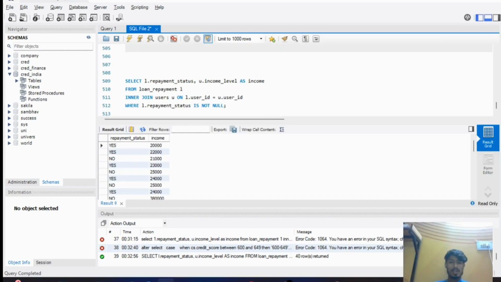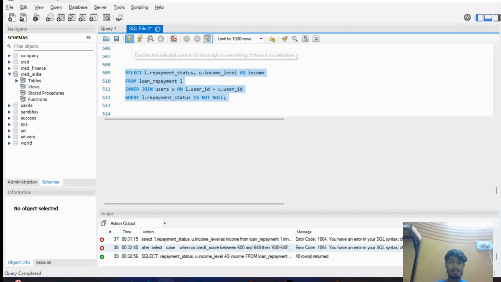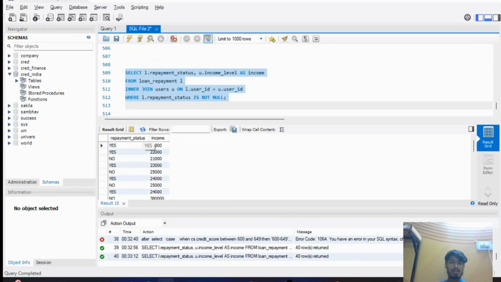So this is the query, and let's try to run this query. Okay, so now the people whose payment status is yes are 20,000, 22,000, and so on, and for no it is 37,000, 33,000, and so on.